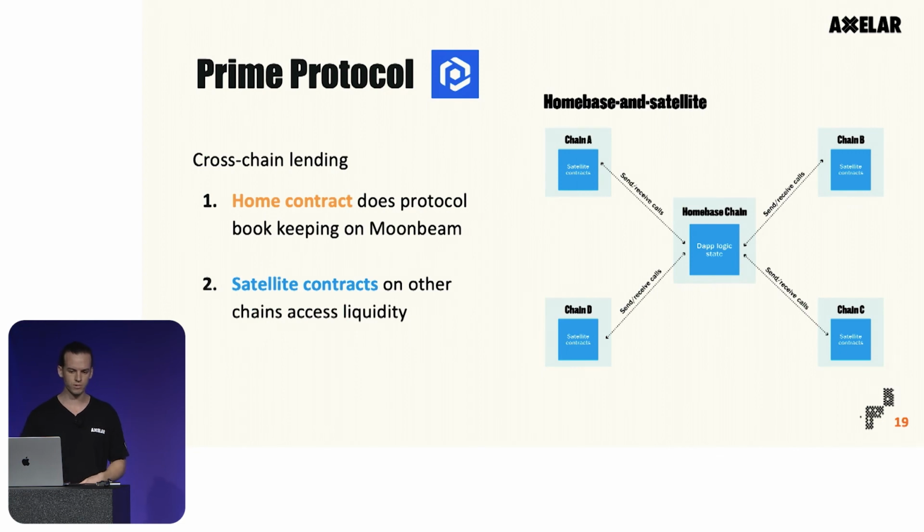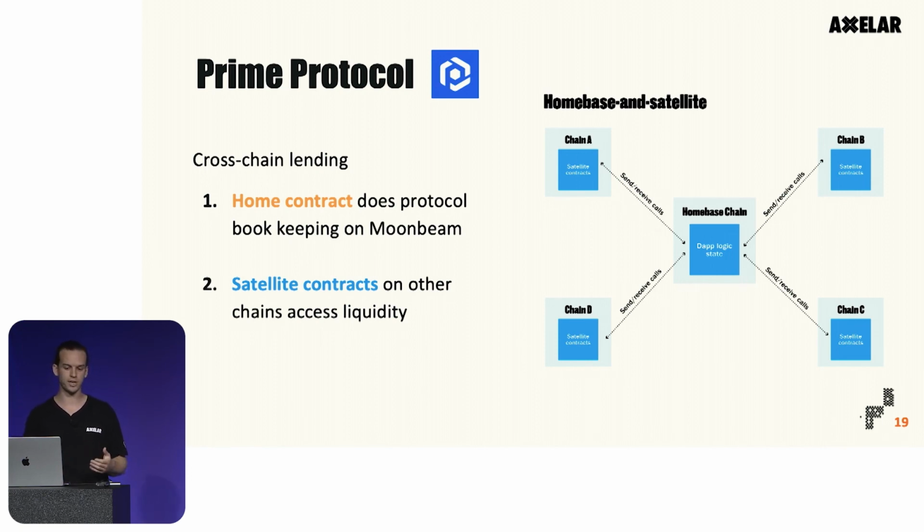So yeah, examples of these different models on our network. Prime Protocol, which is running our testnet at the moment, is cross-chain lending. What it allows me to do is lock collateral on any chain on the Axelar network, and then have that create a portfolio which I can then borrow against, and I can draw down on that line of credit and get liquidity on any other chain.